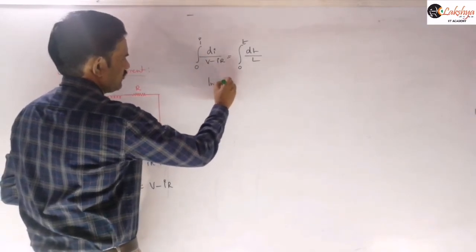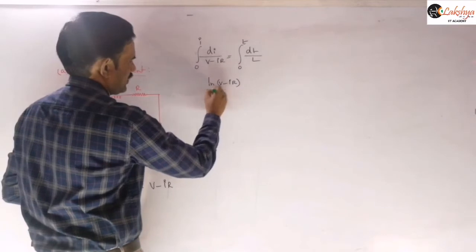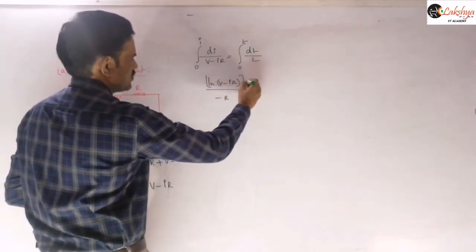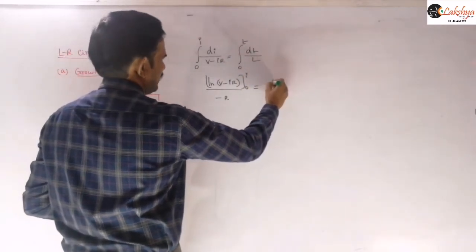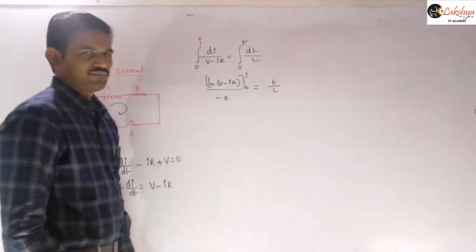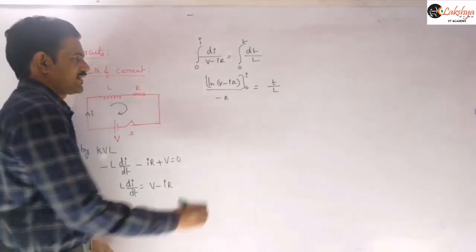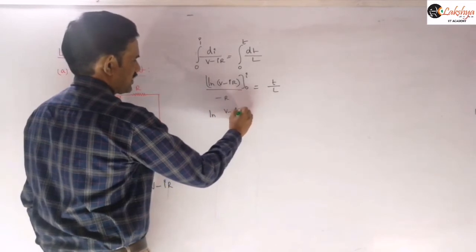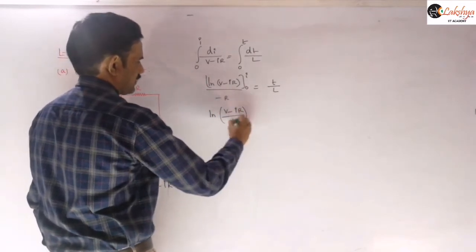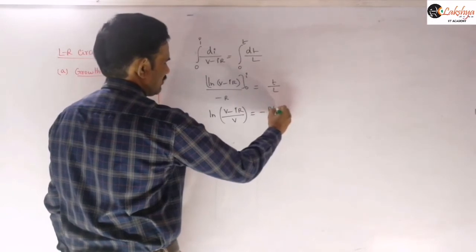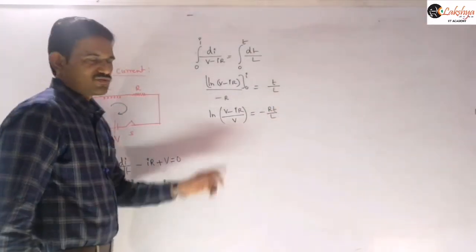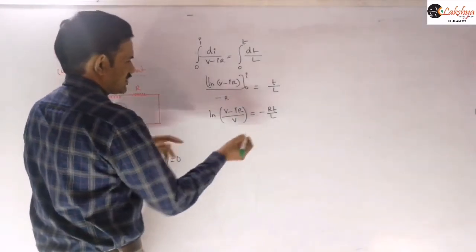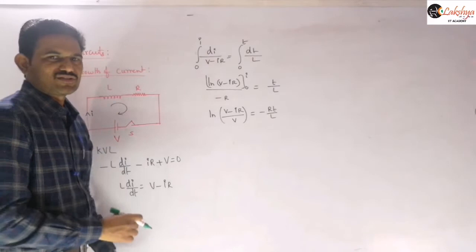So now let us write this integration. ln(V minus IR) by minus R, the coefficient, and these limits are from 0 to I. And this side you will get t by L. So I can write this as ln((V minus IR) by V) is equal to minus Rt by L. Now this is logarithmic form; we will convert this into exponential form.